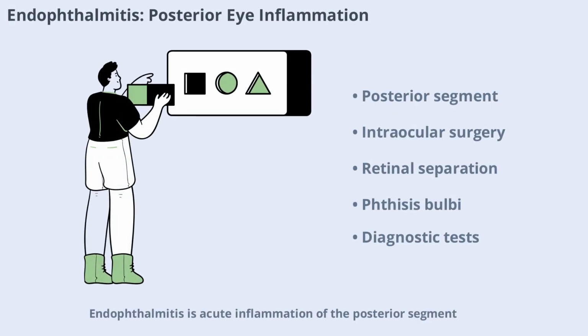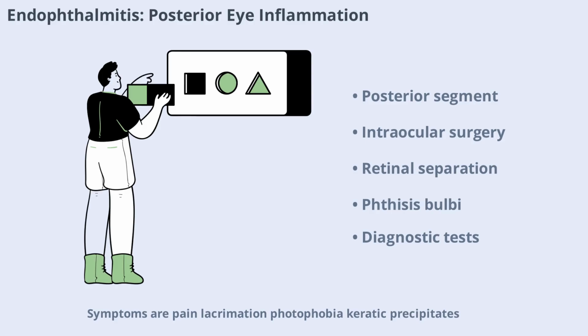Endophthalmitis is acute inflammation of the posterior segment, affecting the choroid, retina, and vitreous, often leading to atrophy. Etiology includes exogenous injury, endogenous bacterial embolism, and complications of intraocular surgery. Pathology shows lymphocyte infiltration and cyclitic membrane formation, causing retinal separation.